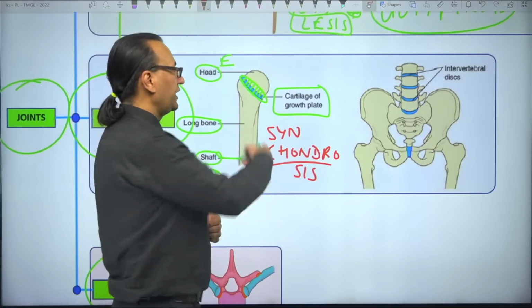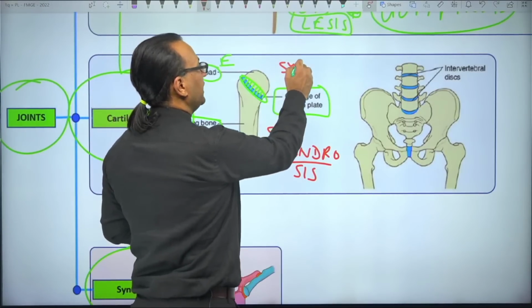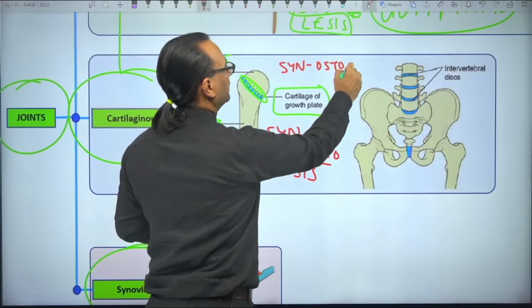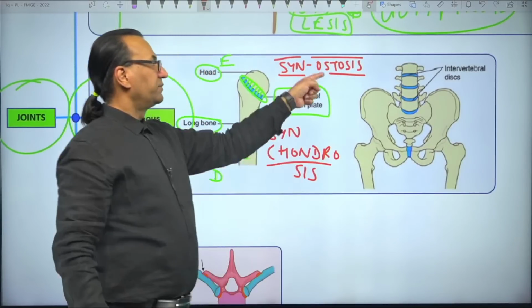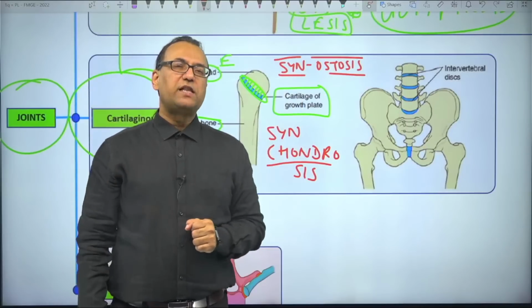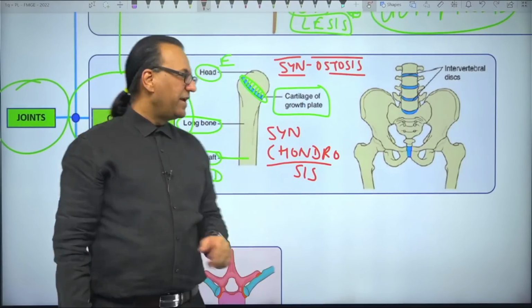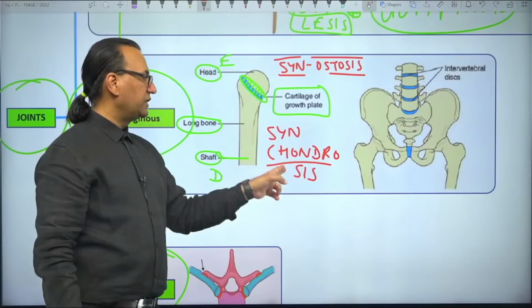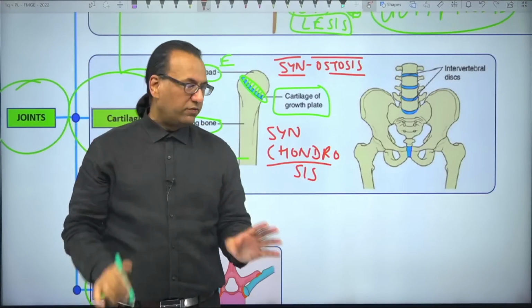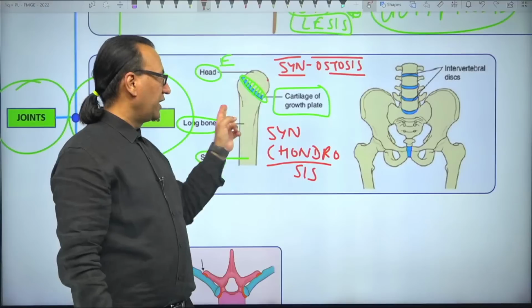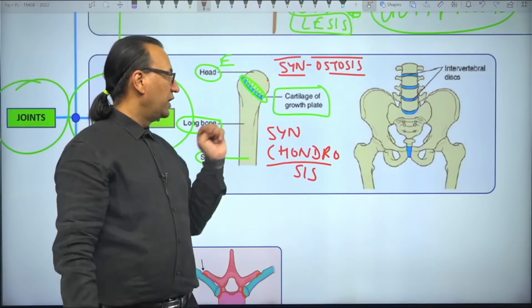It will change into bony fusion, which is called synostosis. Does that mean we don't have synchondrosis in adults? We don't have synchondrosis at this location in the adult because it changed into synostosis.